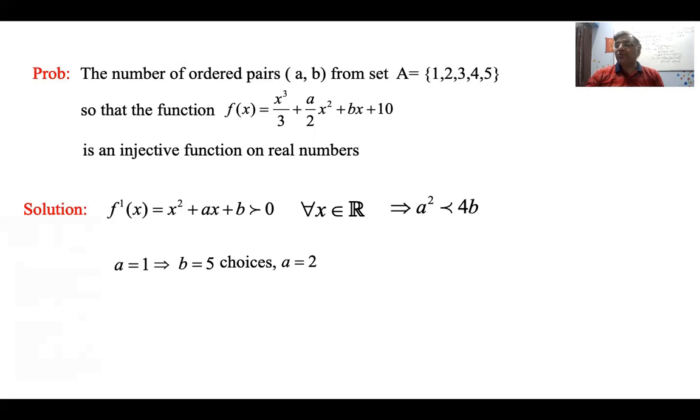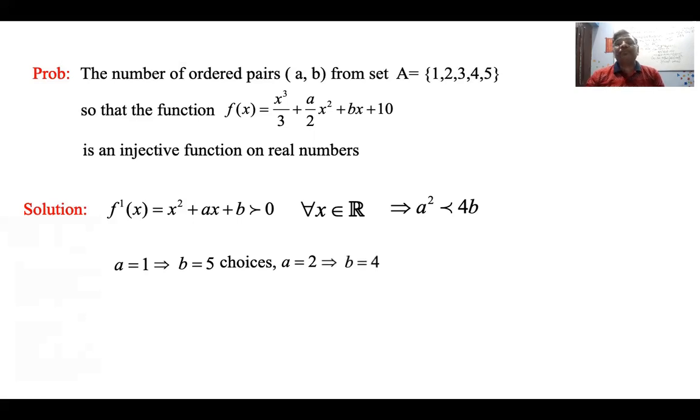When a is equal to 2, the condition becomes 4 is less than 4b. Here b equal to 1 is not allowed, because 4 is less than 4 is not true. So when a is equal to 2, b cannot be 1, but 2, 3, 4, 5 work. That is 4 choices.